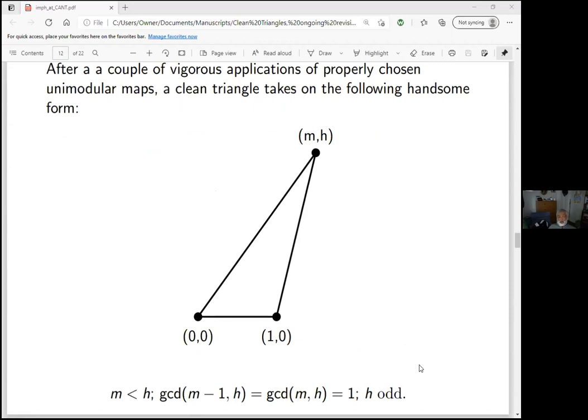The other thing that I would like to mention is that the height has to be odd. There are many ways to see that, but once you have this condition, you see that if H is even, then either this or this will be greater or equal to 2. So, in other words, what one realizes is that any clean triangle cannot have integer area.